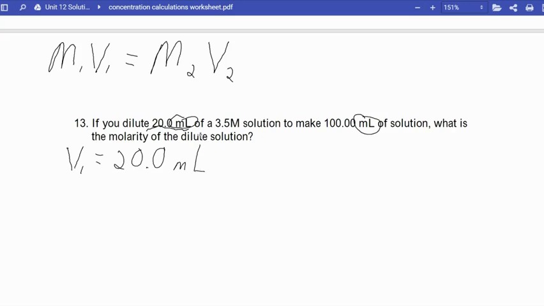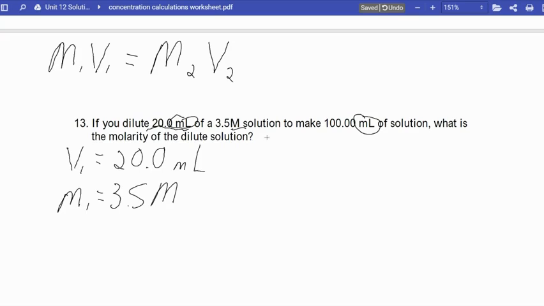Then, of a 3.5 molar solution. Since that is molar, that means that is molarity. So M1 equals 3.5 molar. That's our M1 and our V1.